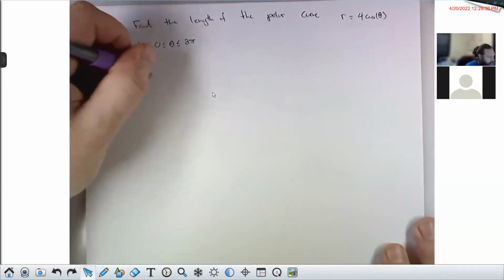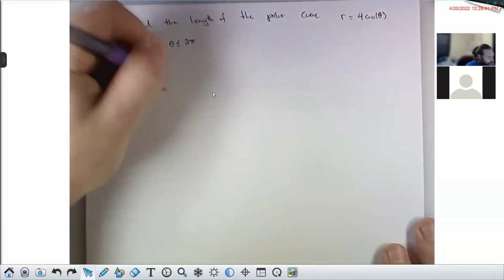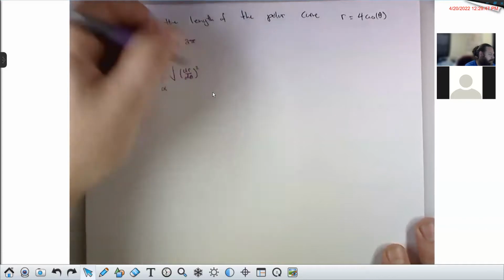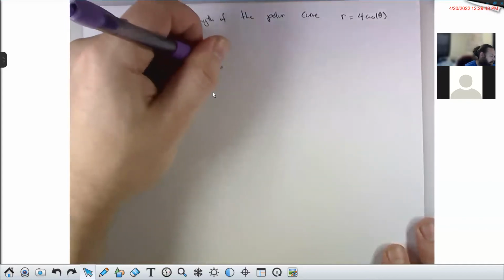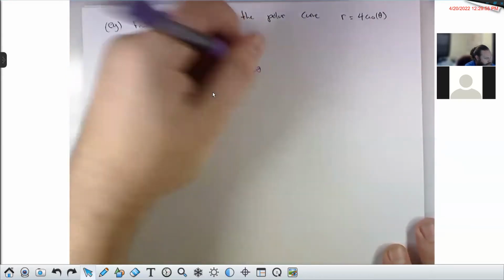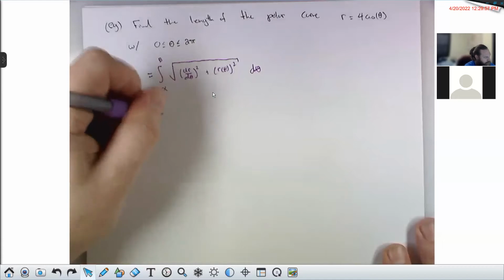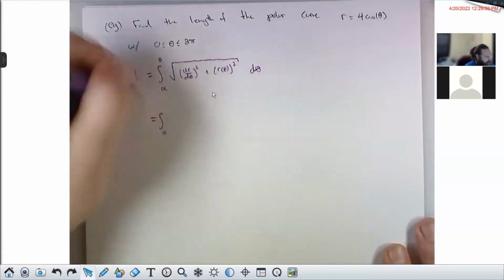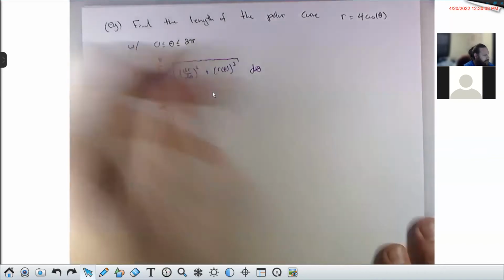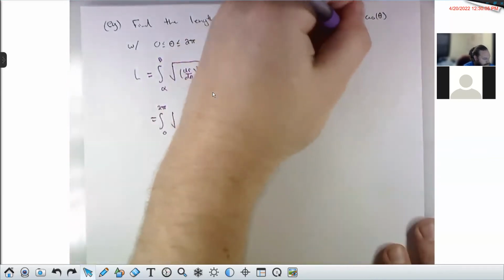Remember that the arc length for a polar curve is the integral from alpha to beta of the square root of (dr d theta) squared plus r of theta squared, d theta. So this is the integral from 0 to 2 pi of the square root of (dr d theta) squared.